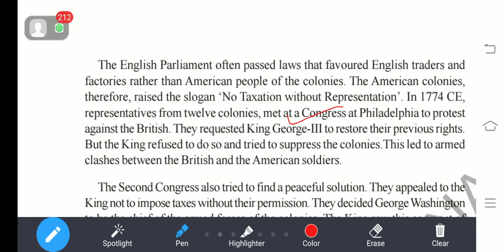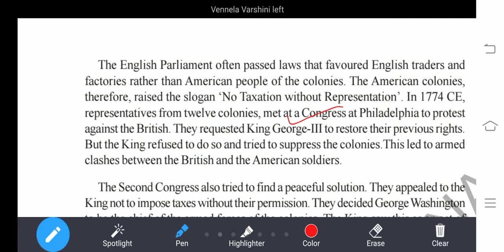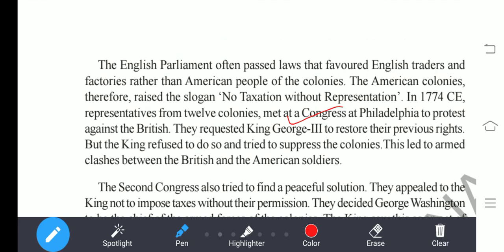So the American people of 13 colonies did not digest this incident, as the king started suppressing these people, and that led to a fight, armed clashes by the British soldiers and American soldiers. American soldiers in the sense some people turned to soldiers.